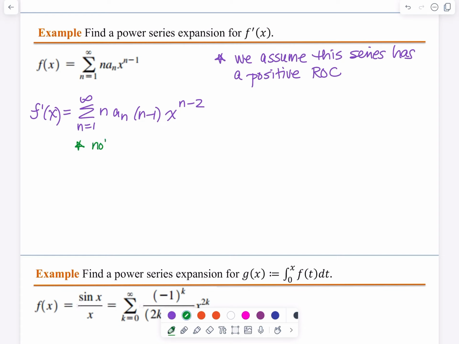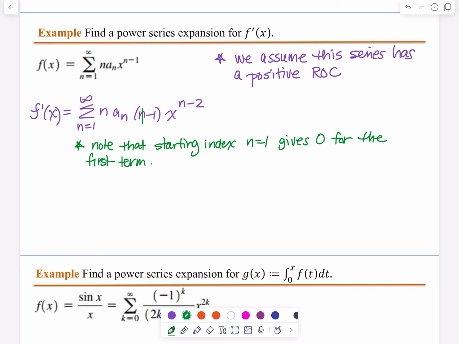Note that the starting index n equal 1 gives 0 for the first term. You can see that there, we're going to have 0 for our first term.